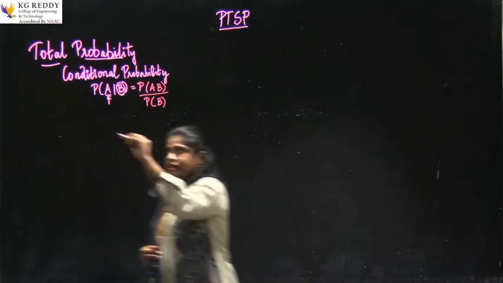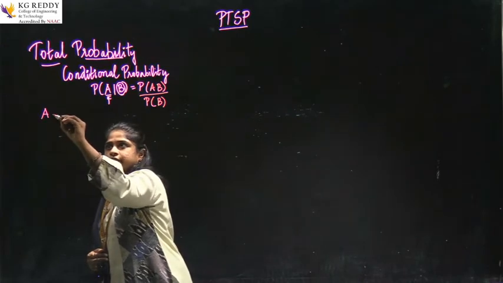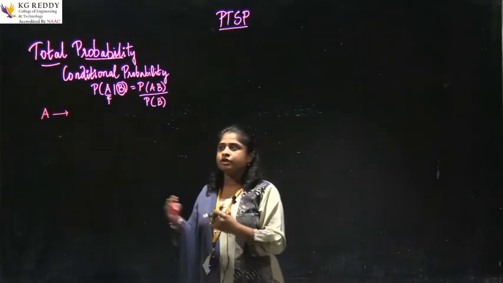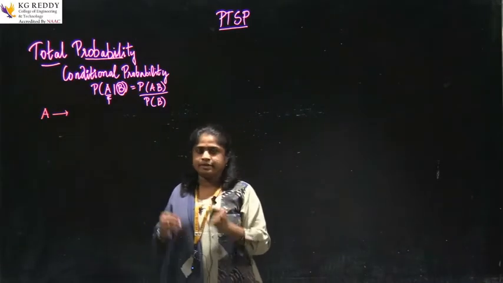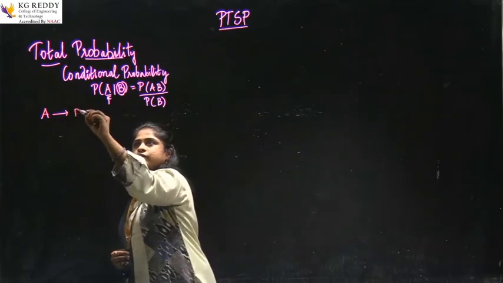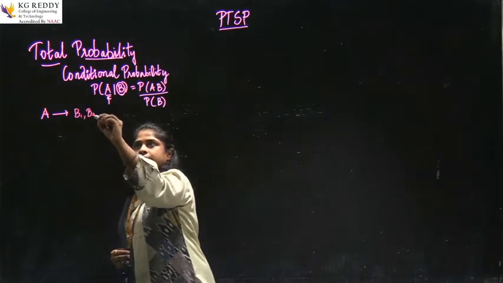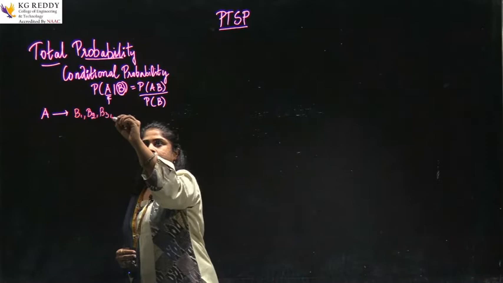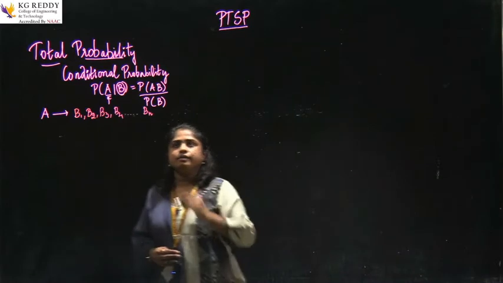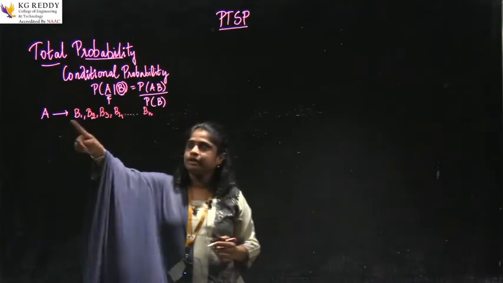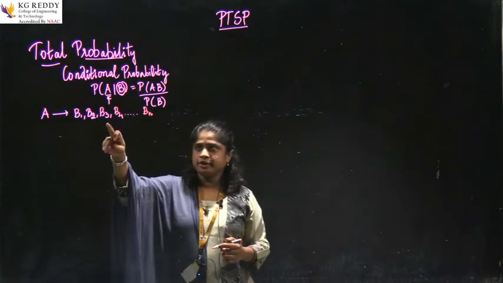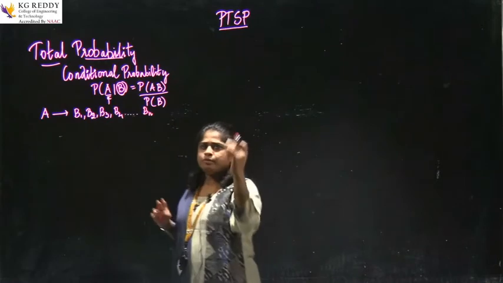Now, if one particular event is dependent upon multiple events of a particular experiment, for example, this event A is related to B1, B2, B3, B4 up to Bn. Maybe it is related to B1, maybe to B2, maybe to B3, maybe to B4, up to Bn, any of the events.